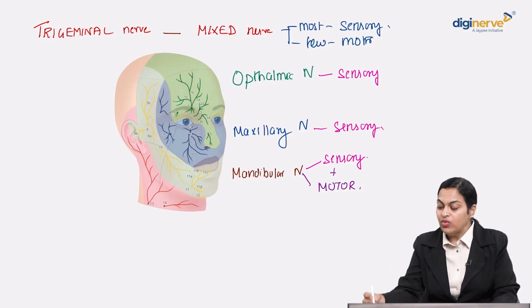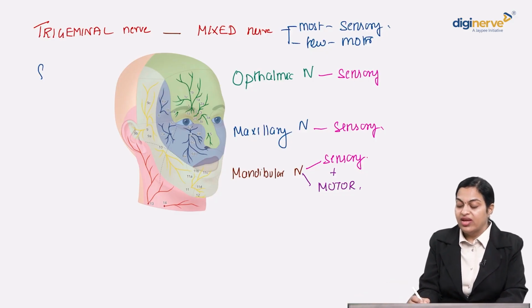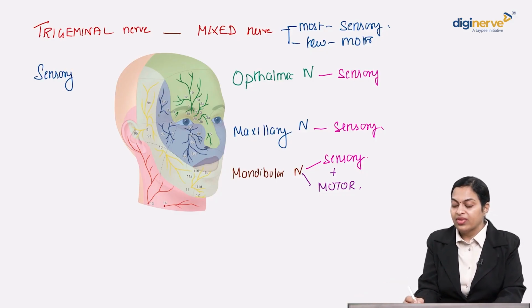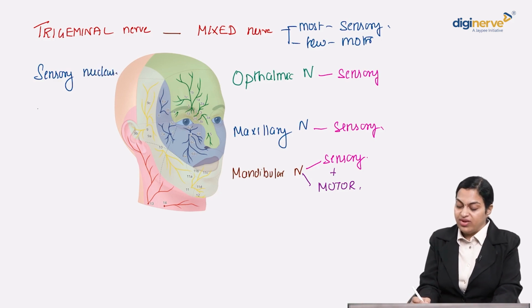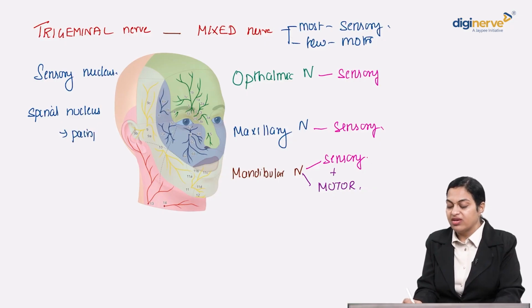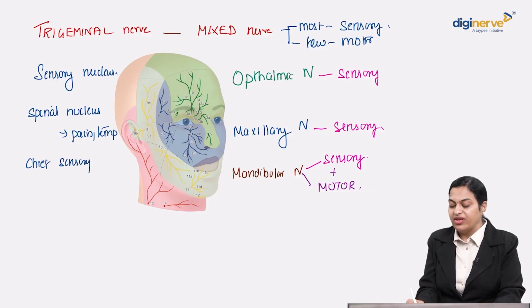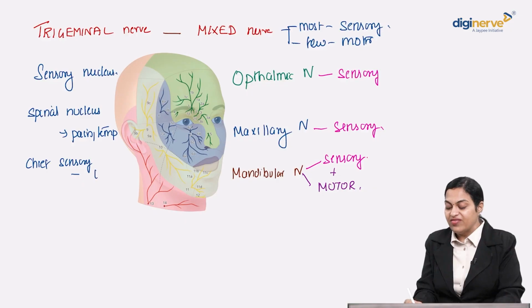And the nuclei related to the trigeminal nerve, the sensory nuclei, are three in number in the brainstem. The first one is the spinal nucleus of the trigeminal nerve that receives pain and temperature from the face. And then we have the chief sensory nucleus of the trigeminal nerve that receives the touch sensation from the face.